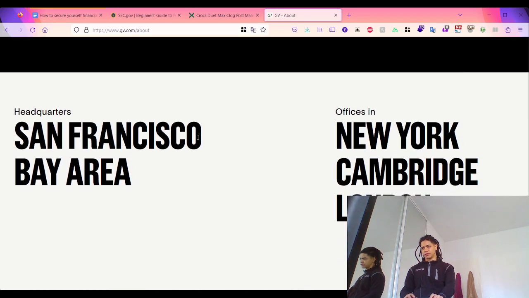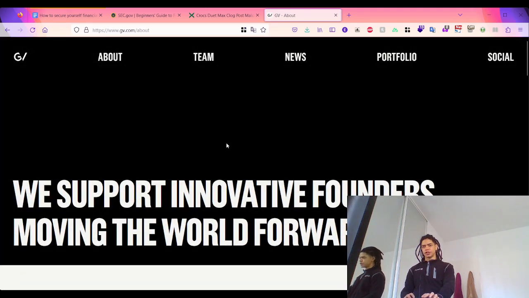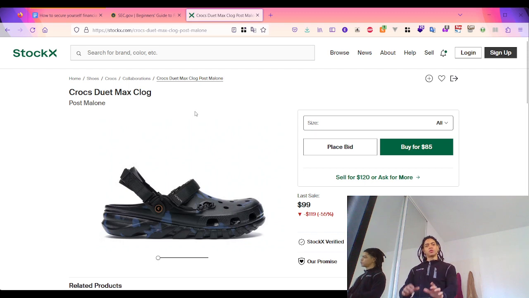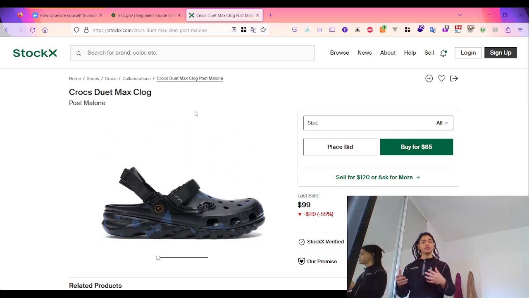Interesting. Headquarters, San Francisco Bay Area. So okay, this is Google Ventures. This is part of Google Ventures, which is an example of equity investment.